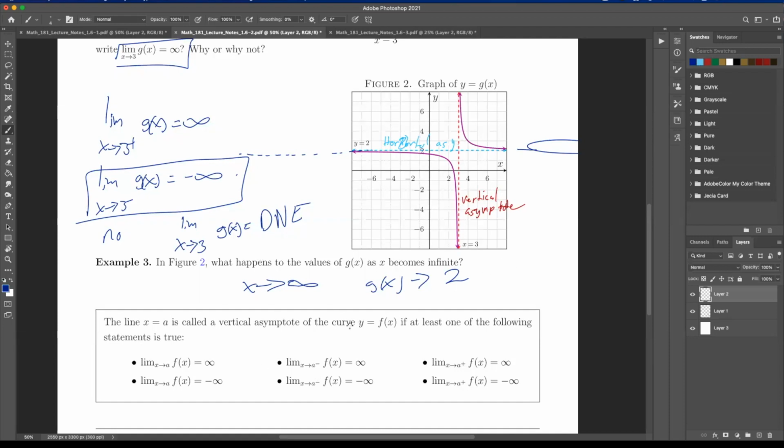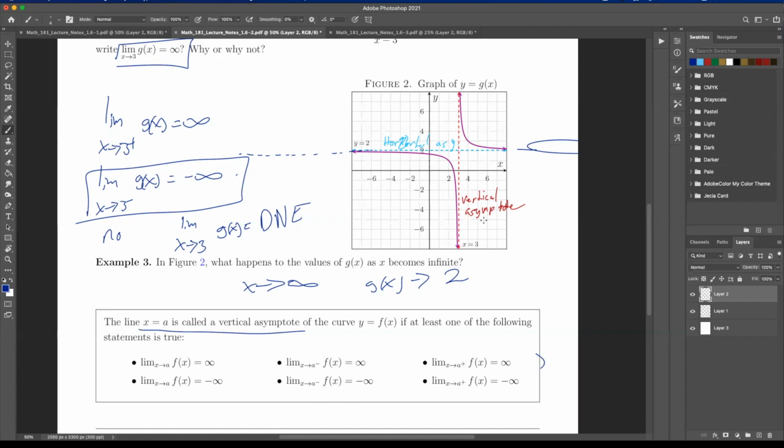And so here, as long as at least one of the following statements is true, we say x equals a is a vertical asymptote. So as long as the limit goes to positive infinity or negative infinity, or even if just the right side goes to positive or negative infinity, or just the left side goes to positive or negative infinity, we say x equals a is a vertical asymptote.